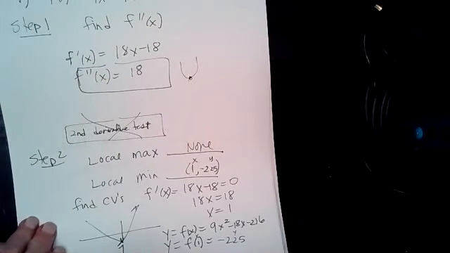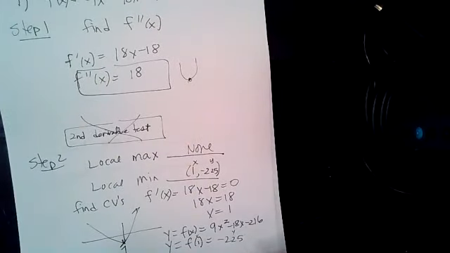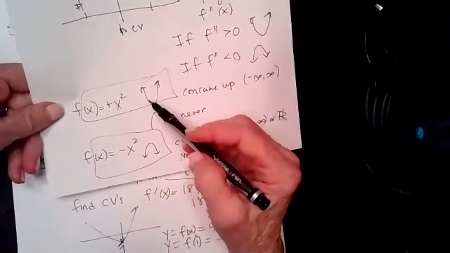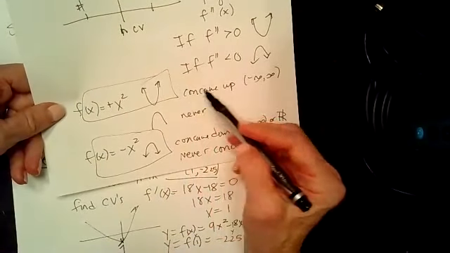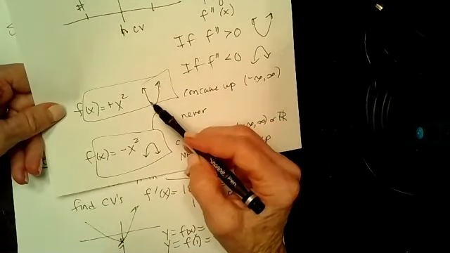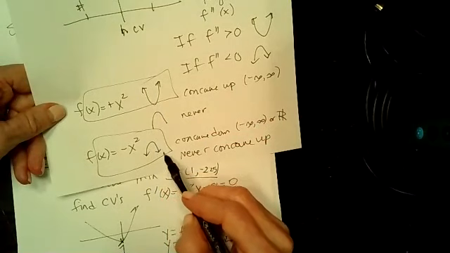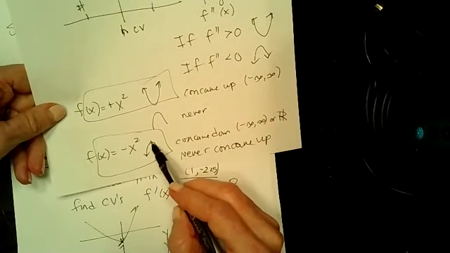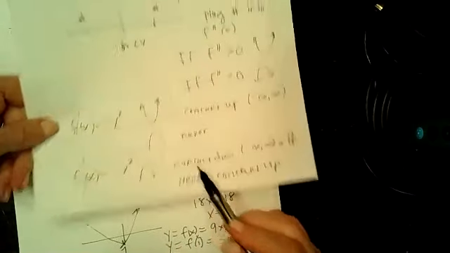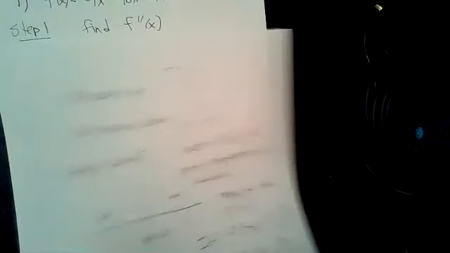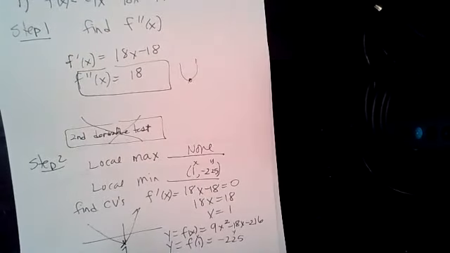And I'm going to, again, stick with the shapes of my graphs, okay? If I have a positive x squared, I know it looks like this. It's concave up, never concave down. There's a local min. A negative x squared looks like this, okay? There's a local max, no local min. And then the cubic functions.